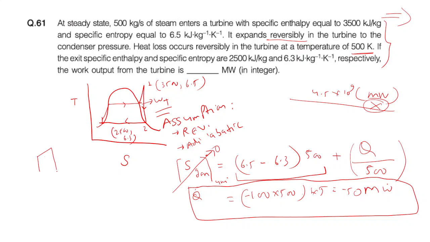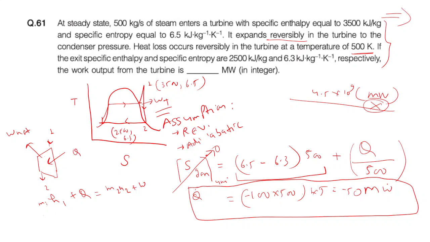Let's suppose this is the turbine, 1 incoming, 2 outgoing. m1 h1 plus Q equals m2 h2 plus W, where Q is the heat transfer and W is the net work.